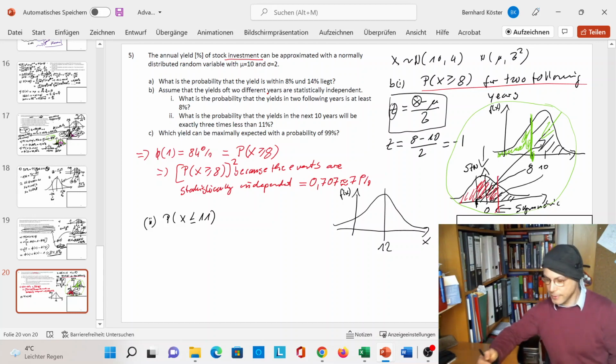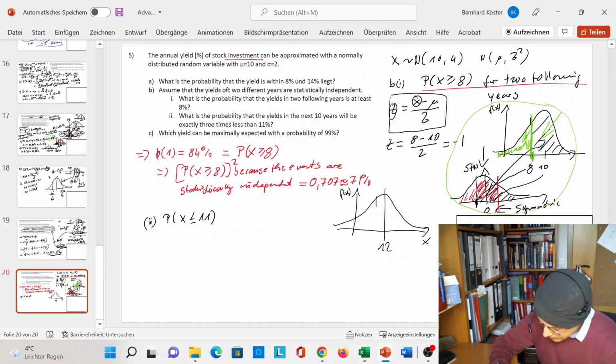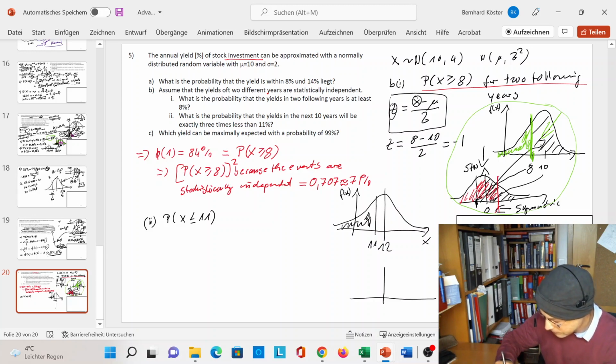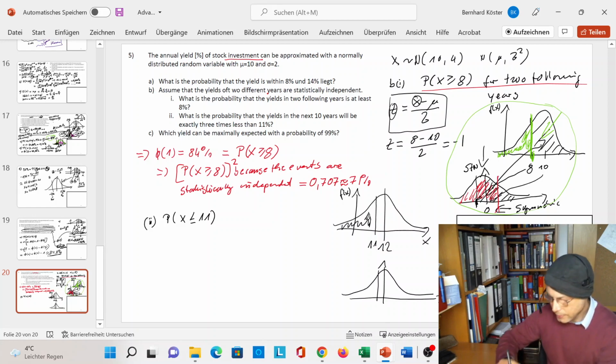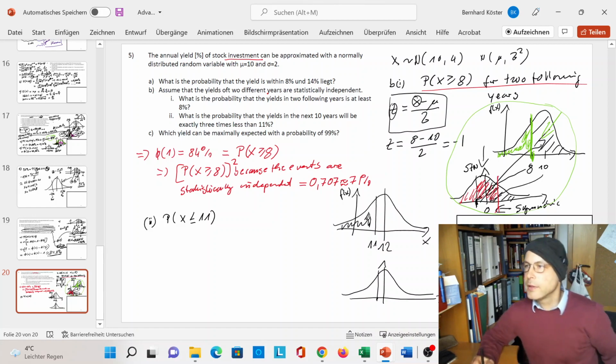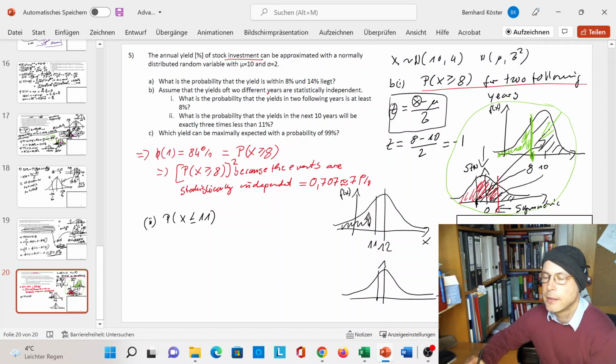And then we put in here the 11, and this is the area. Again, if we go to the standard distribution, we are interested in this number here. What do I have to write at this limit?